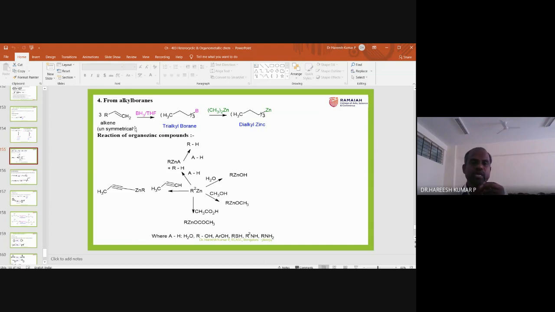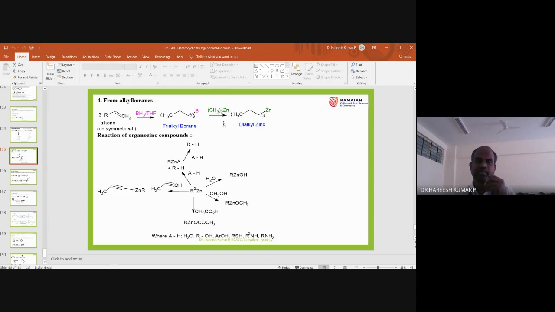You can observe that BH3 has 3 hydrogens, and boron can give 3 hydrogens to the alkene. So that is the reason for trialkyl borane. Trialkyl borane is the intermediate.